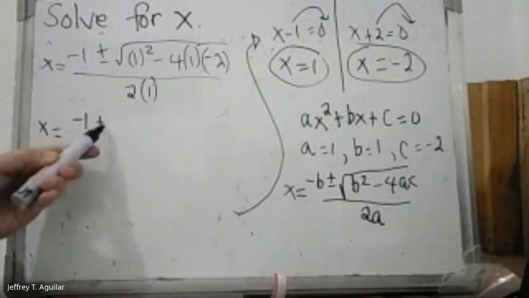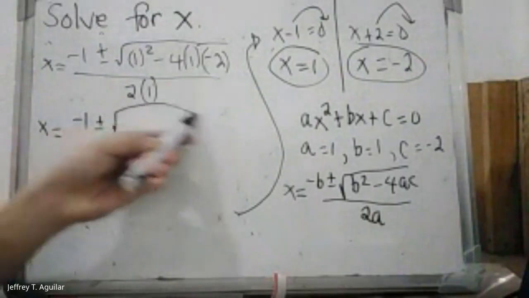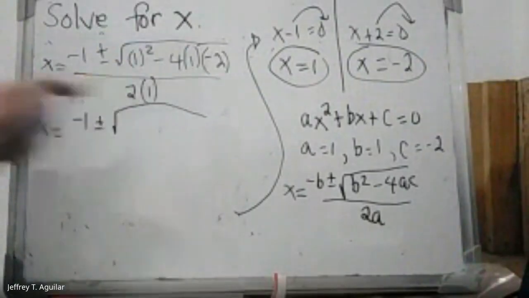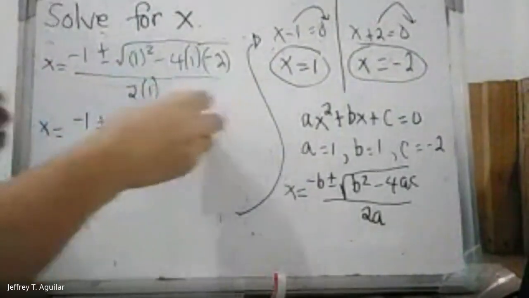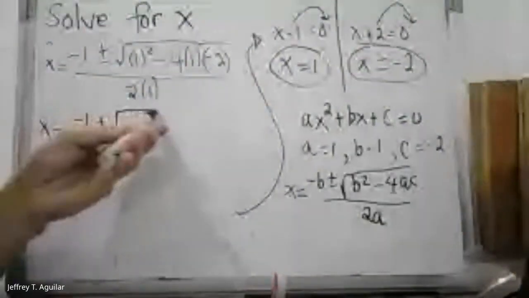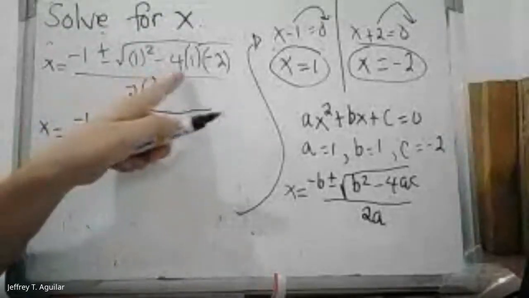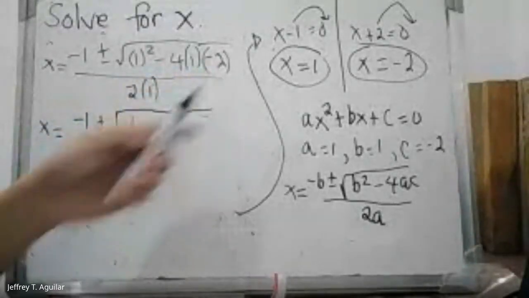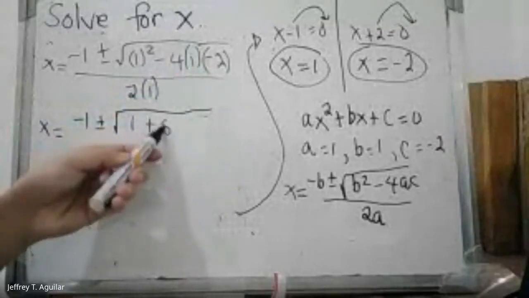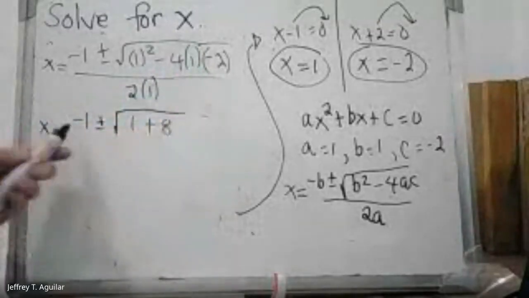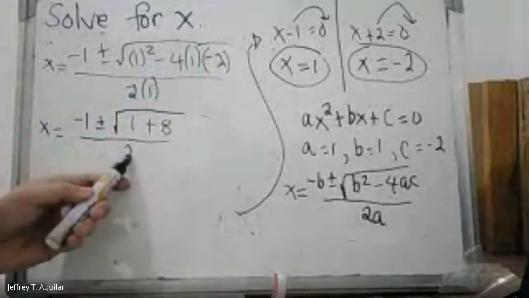Simplification, this is now equal to -1 plus minus the square root of what is 1 squared? 1 squared is equal to what? 1. -4 times 1, -4 times -2, that's positive 8 over 2.